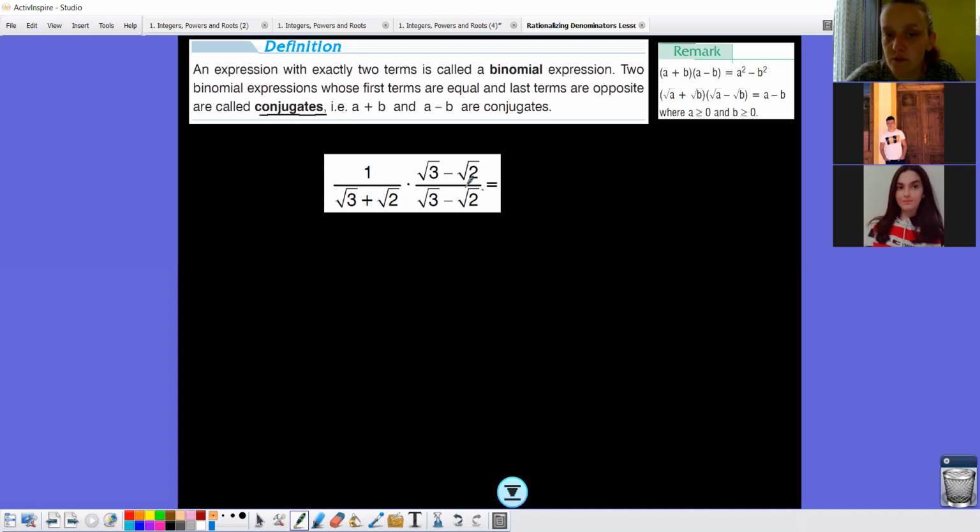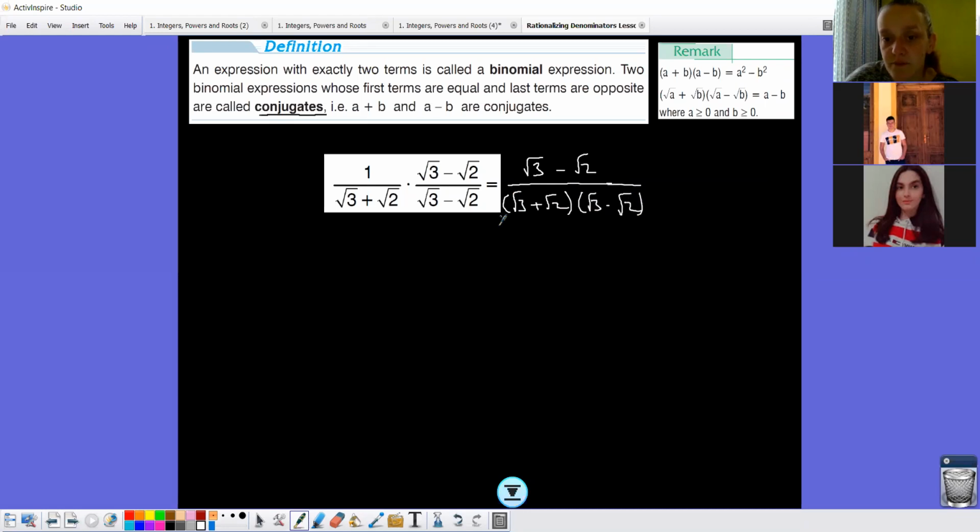The conjugate of this one will be root 3 minus root 2, over root 3 minus root 2. In the numerator, I will have root 3 minus root 2. In the denominator, I will have root 3 plus root 2 times root 3 minus root 2.